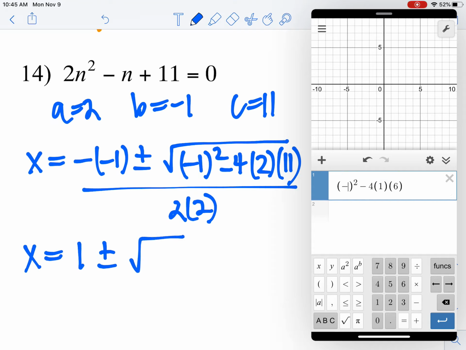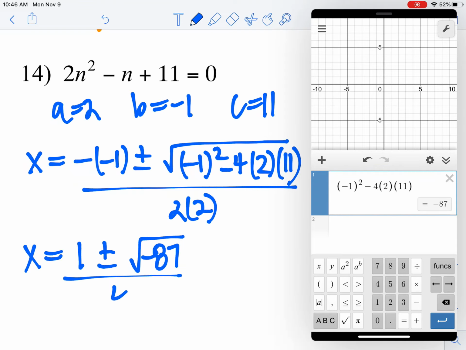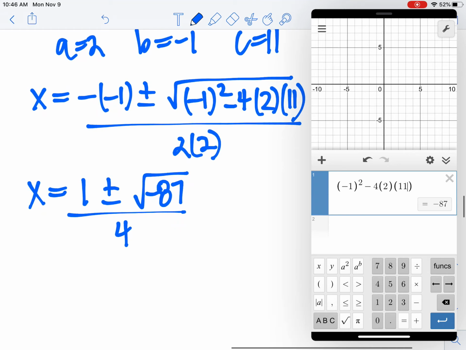Now here we have -1 squared minus 4 times 2 times 11, which is -87. Okay, that does not simplify, except we pull out our i.